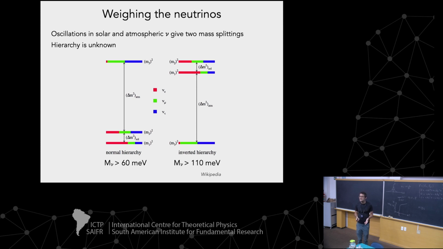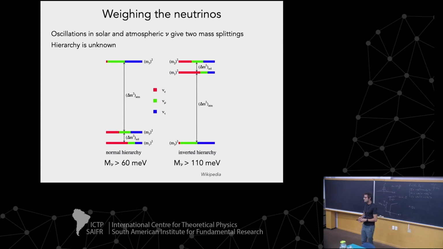Yes? 3,000 Kelvin. And I don't know if you remember from the first lecture, what's the rule of thumb for how many eV in a Kelvin or how many Kelvin in an eV? Right, so one eV is about 10 to the 4 Kelvin. And so 3,000 Kelvin is a bit less than an eV.